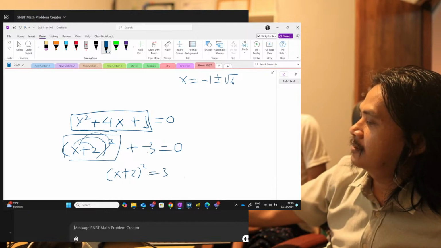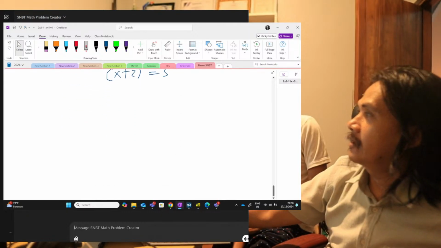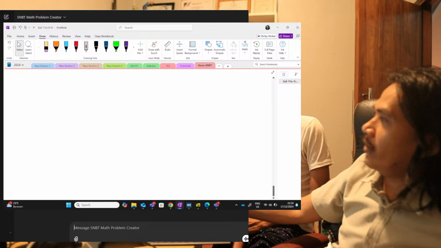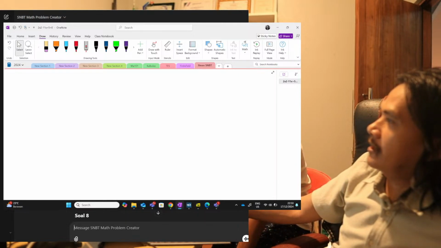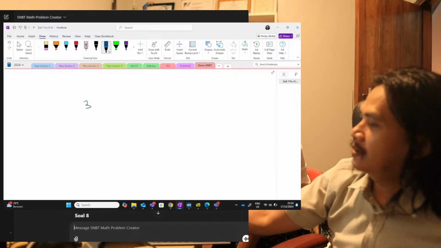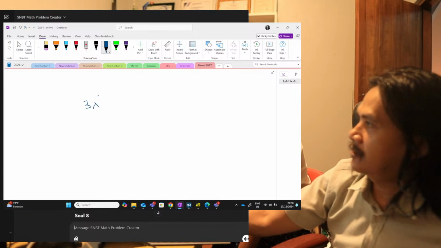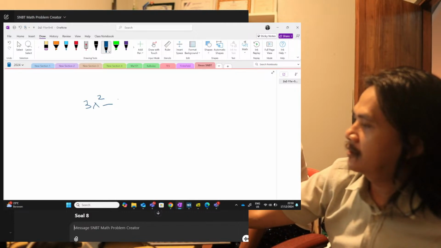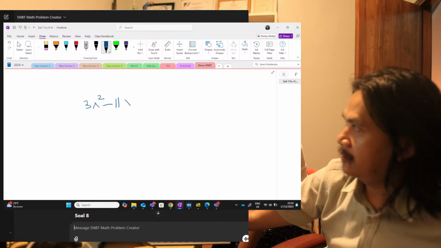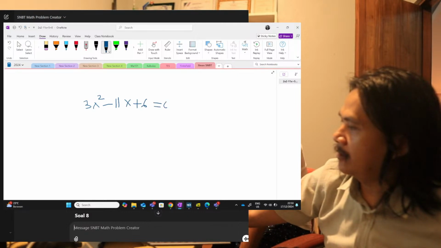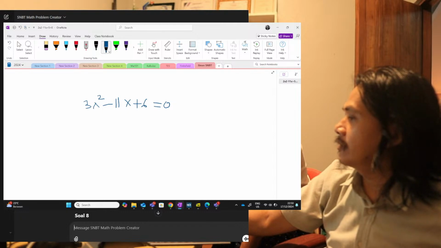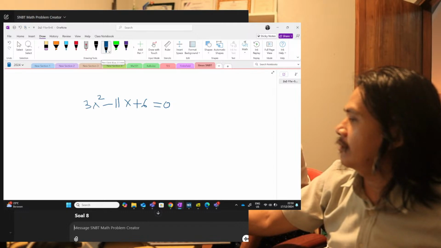Equals 3. And then turn to y again. And this guy works for any kind of equation like this. Just need to get rid of the 3 on everybody.